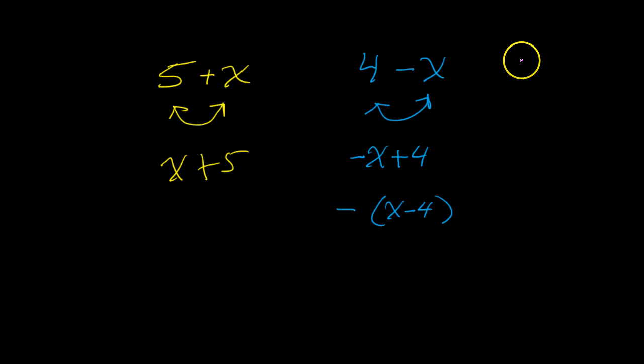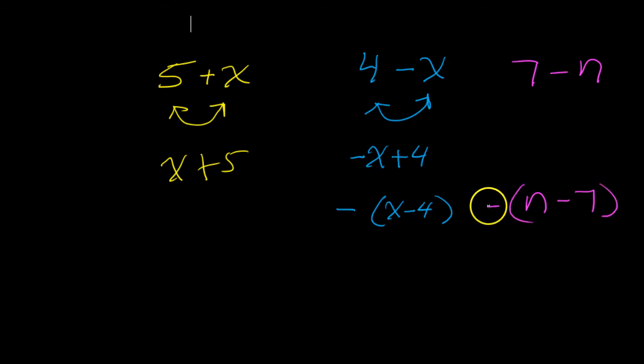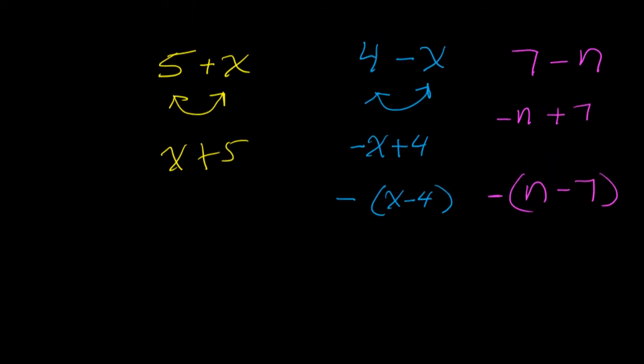Imagine that I have 7 minus n, for example. If I switch these around and put n minus 7, that's going to be valid as long as I remember to put an extra negative out front. The step that I'm skipping is that really this is negative n plus 7, and then I'm factoring out the negative 1. Okay, so that is some crucial business.